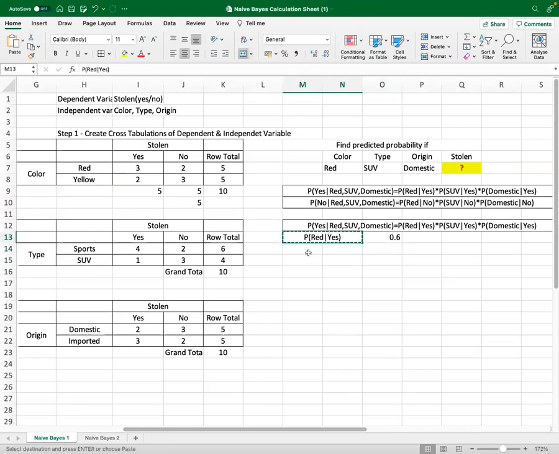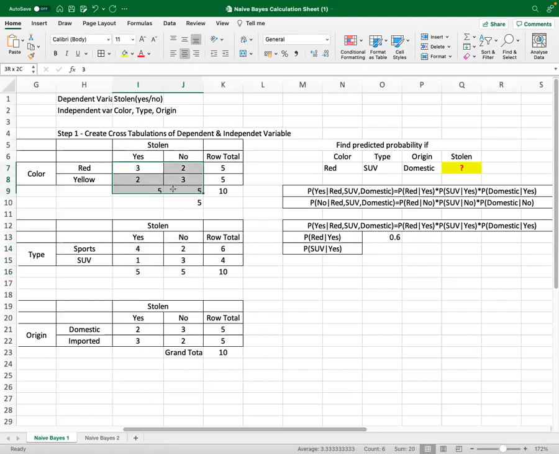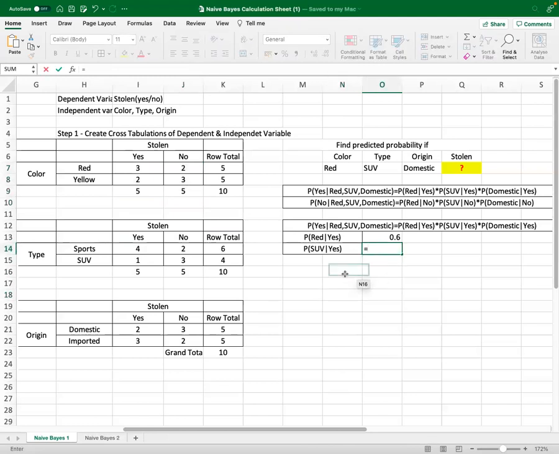Then calculate probability of SUV and S. So SUV and S, 1 divided by 5.